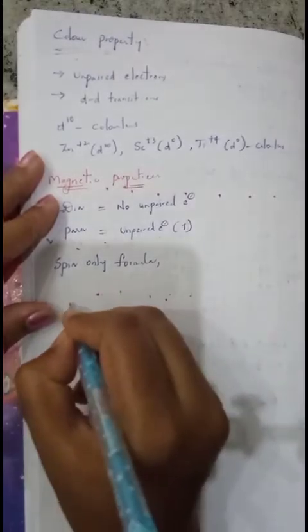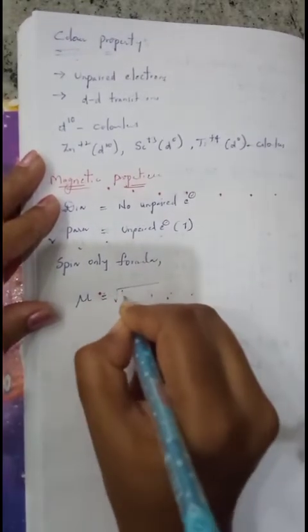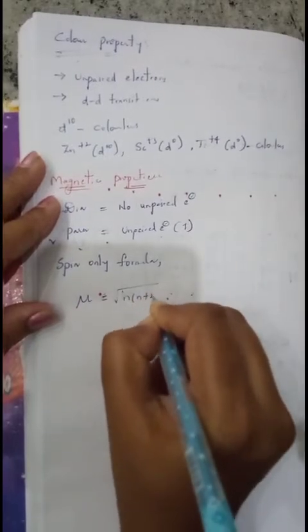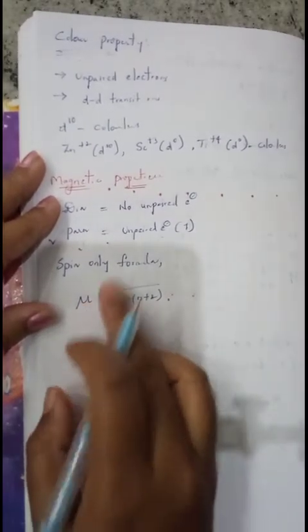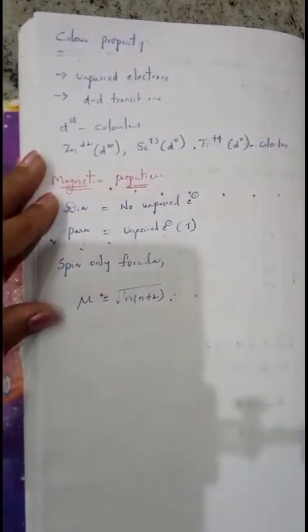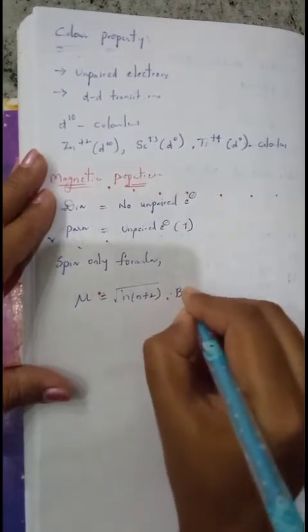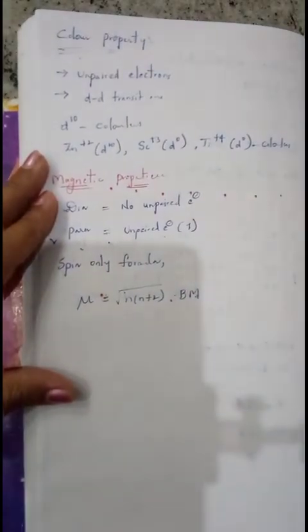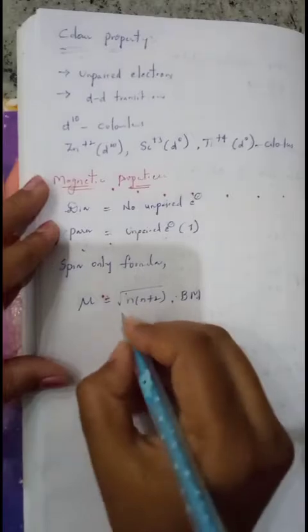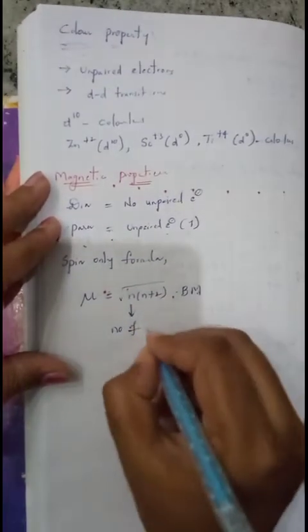The spin only formula is nothing but mu effective equals square root of n into n plus 2. So this is called the spin only formula. Based on it, we can calculate the magnetic property, and the units are Bohr magnetons. Both are capital letters. Here n is nothing but the number of unpaired electrons.